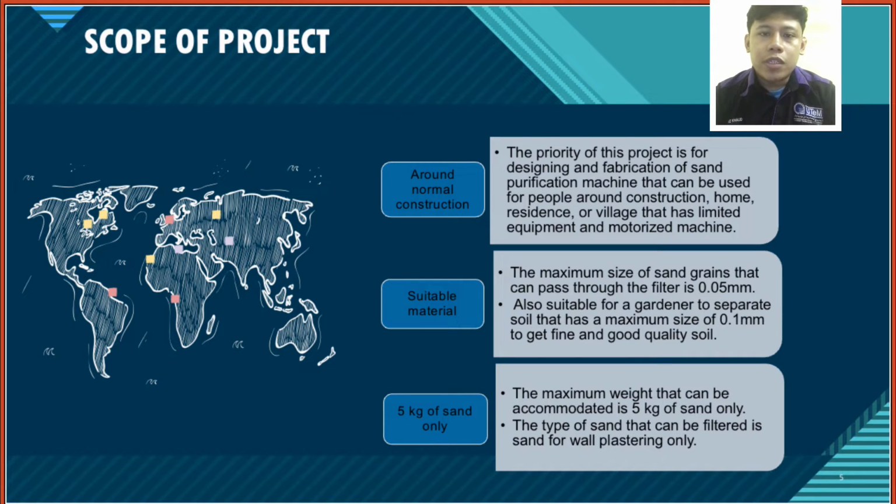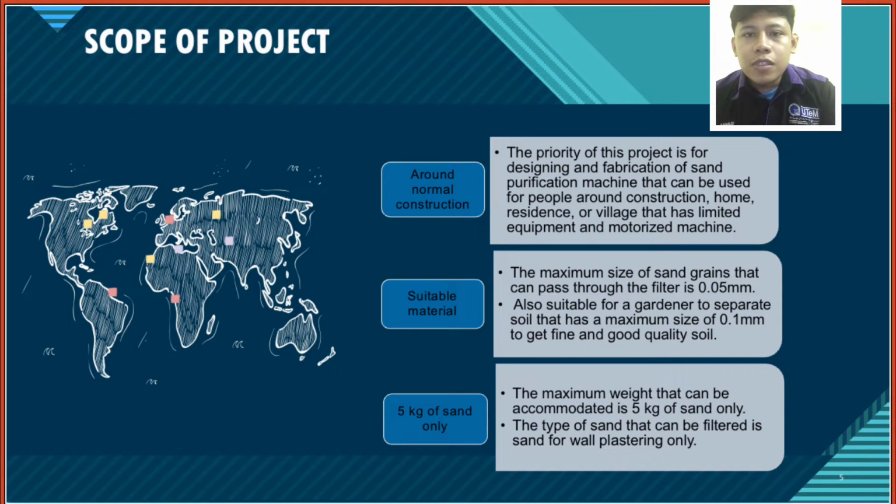So we move to the scope of the project for this research. The priority of this project is the designing and fabrication of a sand purification machine so that it can be used by people around construction, home, residents or villages that have limited equipment and motorized machines.